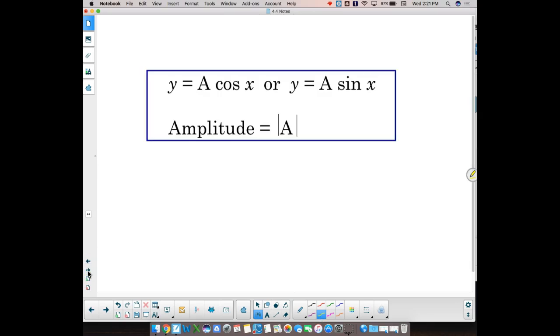Okay? So, the first one is A. So let's dive right into A. A stands for the amplitude. Okay? So, A is the amplitude.